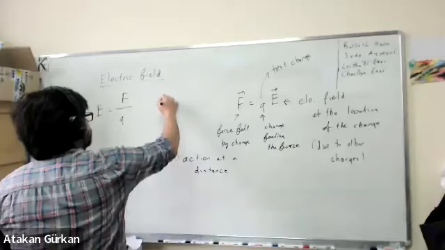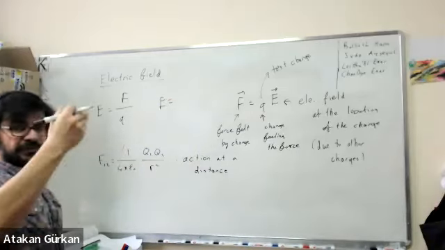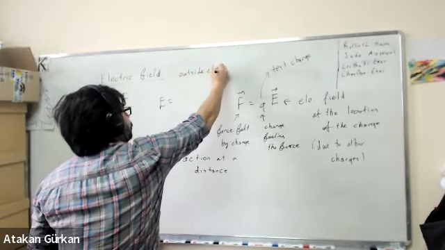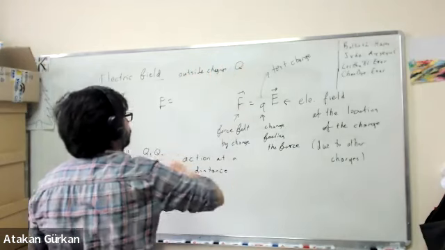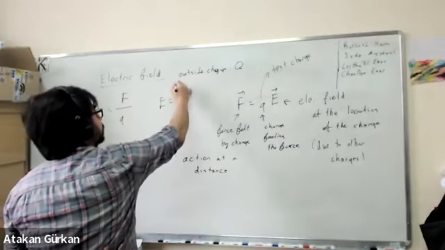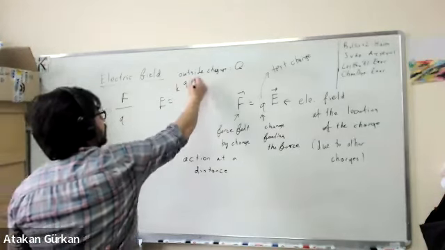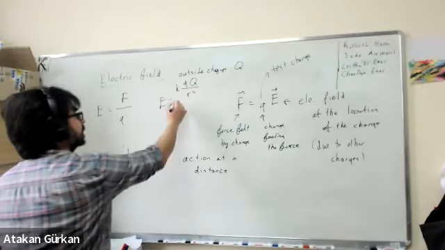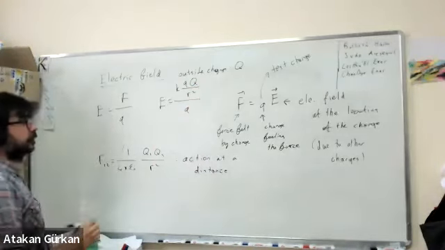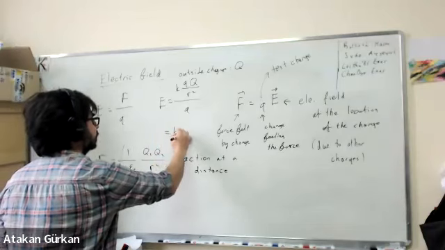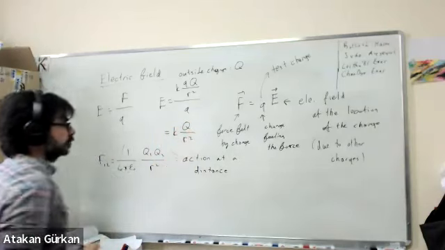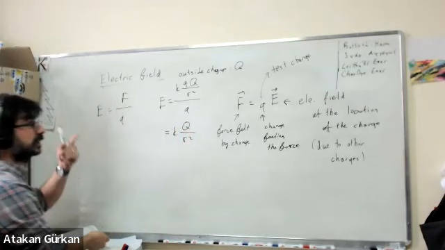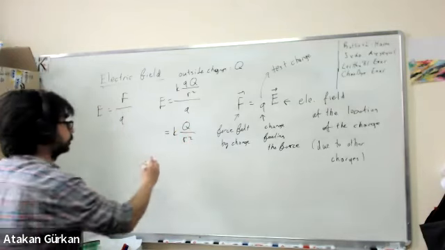The force, because of the given additional charge, let's say that outside charge is capital Q. Now, the force between these two charges is going to be k small q, our test charge, times the capital Q, the outer charge, divided by r squared. And I divide this out by q. And the magnitude of the electric field I get is going to be kQ by r squared. And this is the electric field produced by Q, the capital Q, the outside charge.